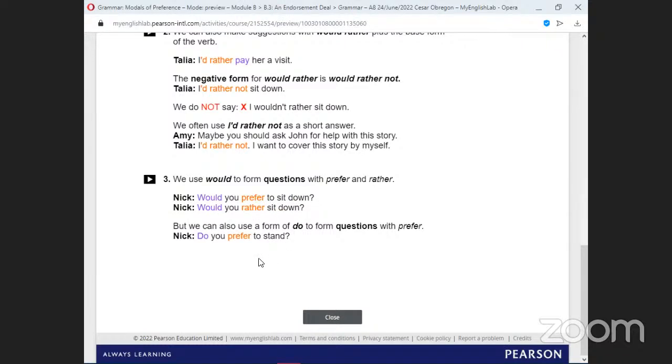And we have another example here. Yes, it's with the preposition to, right? Exactly. And we need the auxiliary to do the questioning. Do.